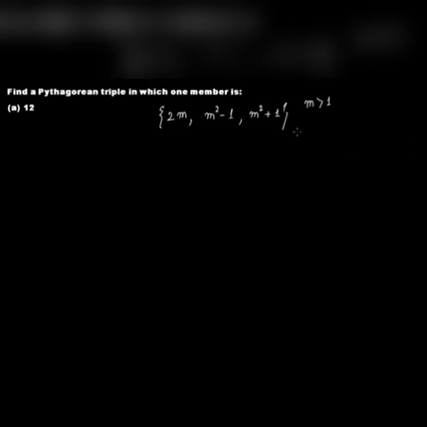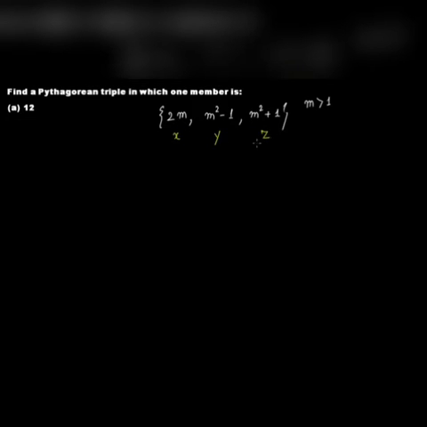For 2 it will be something else, for 3 it will be something else, and so on. But here it has been given to us that 12 is one of the members of this Pythagorean triple. So let's say that this is x, this is y, this is z. We don't know whether this 12 is x or y or z, right?